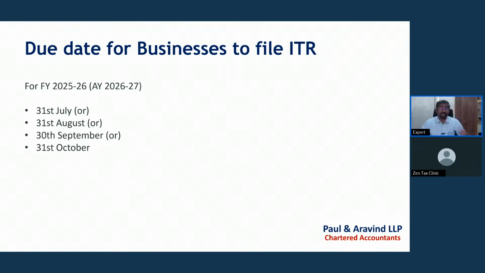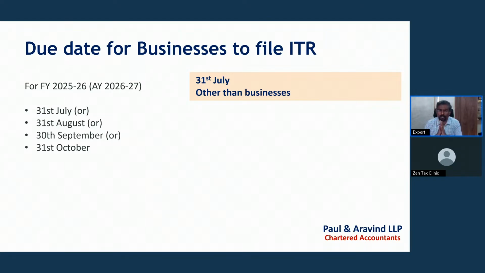And in that regard, we already had the first due date of filing income tax return, which was 31st of July, which was for taxpayers not having income under the head business or profession.